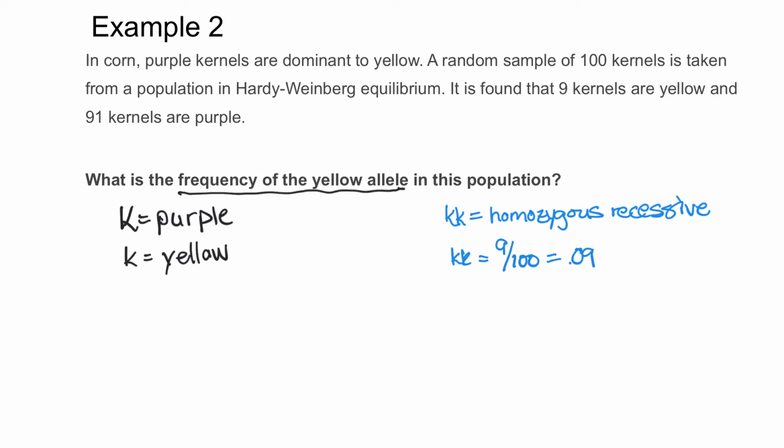And that is going to also equal, since we know that in our equation, P plus Q equals 1, and P squared is equal to, oops, we don't want TT, do we? We want KK. So that's capital K, Capital K, Q squared equals lowercase. And so Q squared is going to be equal to 0.09.